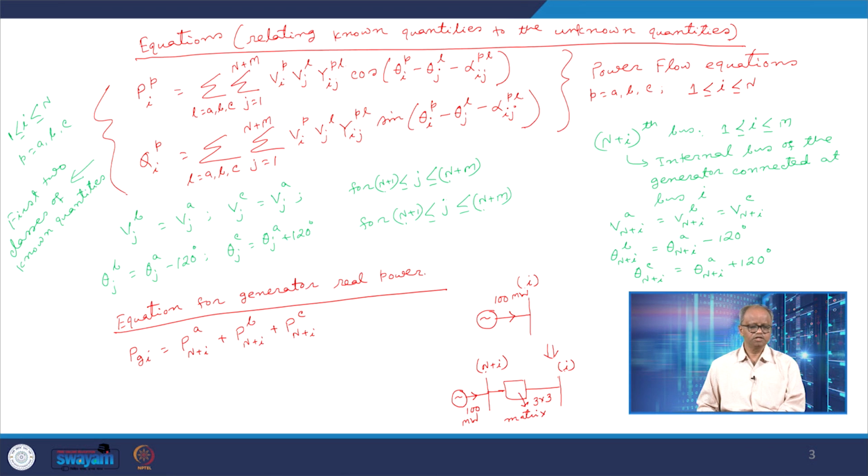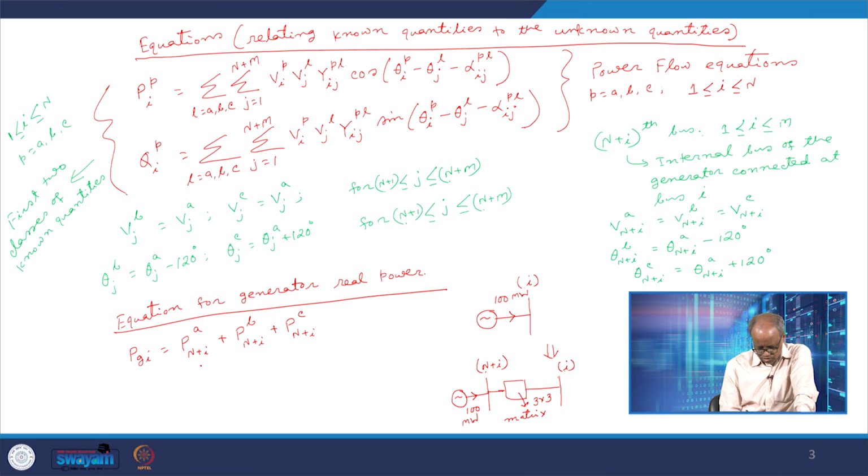So then this is the injected real power at bus n plus i, that is the internal bus corresponding to phase A, plus the injected real power at the n plus ith bus corresponding to phase B, plus the injected real power at the n plus ith bus corresponding to phase C. And the expressions of Pn+ia, Pn+ib and Pn+ic would be essentially the same as this expression for PI, right.